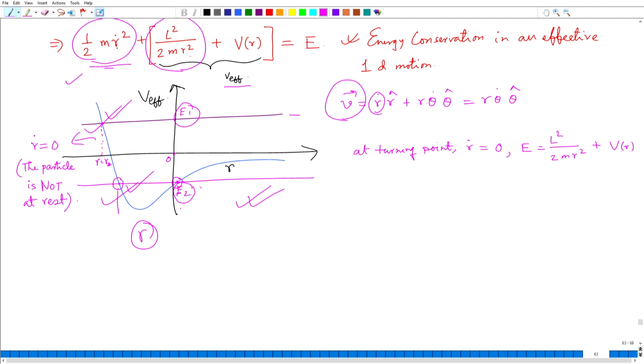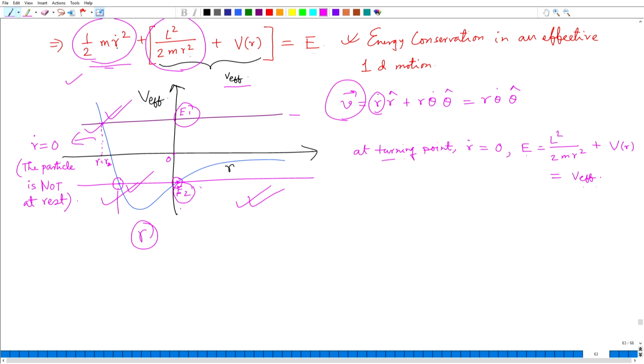And I can call this V effective as well. So, at the turning point E will be exactly equal to the effective potential energy.